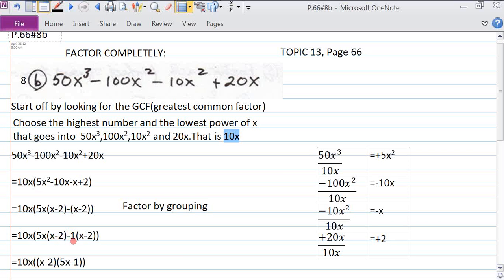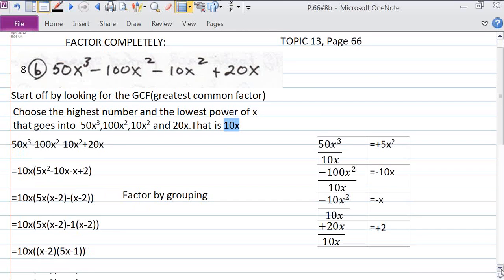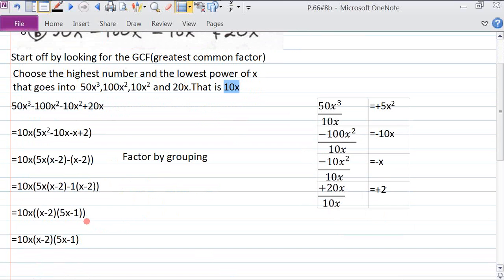Now, out of these, I'm going to factor x minus 2. It's common to this term and this term, and then I'm going to be left with 5x minus 1. So factor out x minus 2 because it's common to both these terms, and then I'm left with 5x here and minus 1 here. So these are the factors. Now I'm just going to remove this outer set of brackets here because I really don't need them.